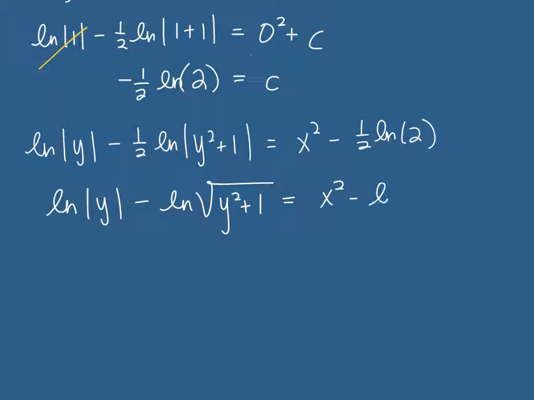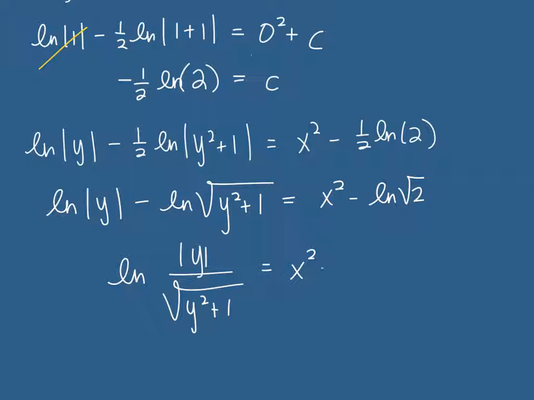And I could even move this one and do the natural log of the square root of 2. Are you going to just do that on this side? Probably not. And then I could combine these two, and I could say the natural log of y over square root of y squared plus 1 equals x squared minus ln root 2.